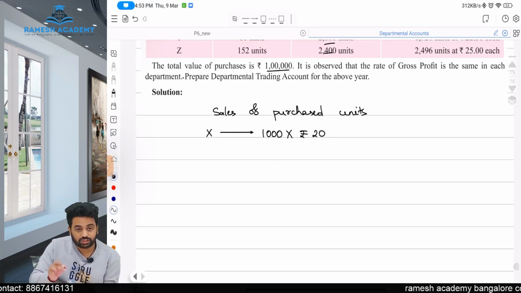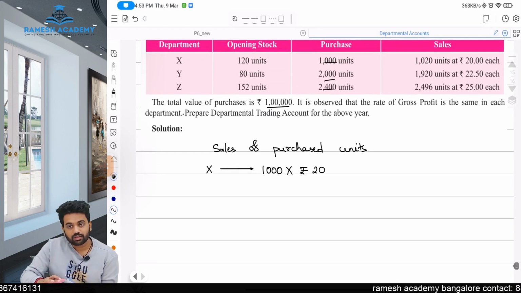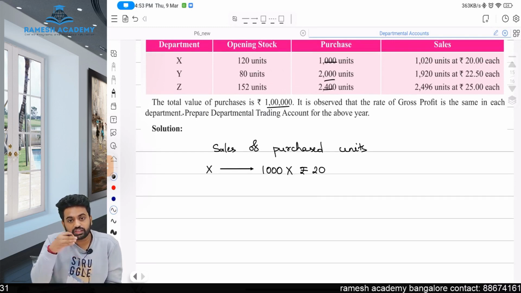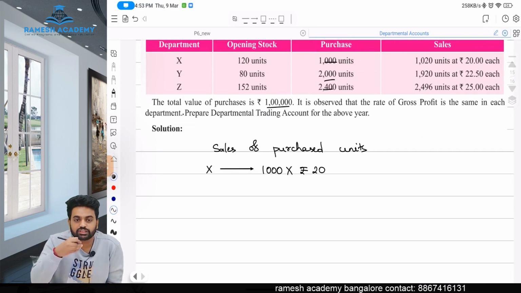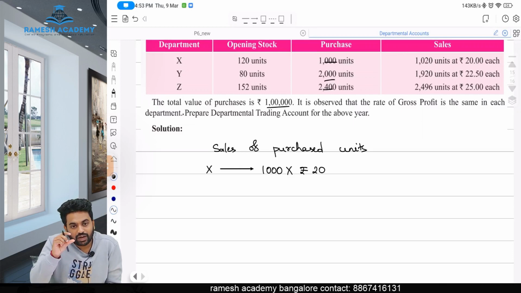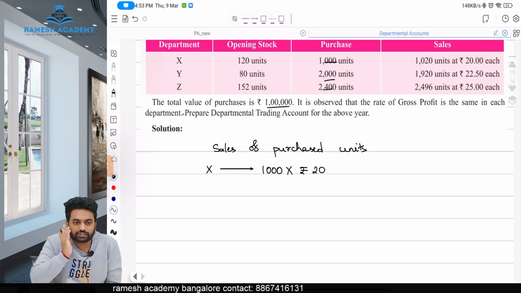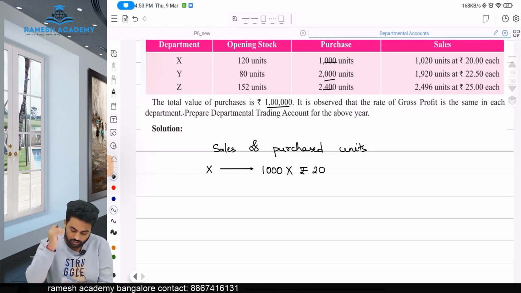I know actual sales is 1020, but here we know the purchase cost only to the extent of 1000 units, only to the extent of 2000 units, only to the extent of 2400 units, which means we have to compare only that number of units. We can't take the total sales to find out the profit.